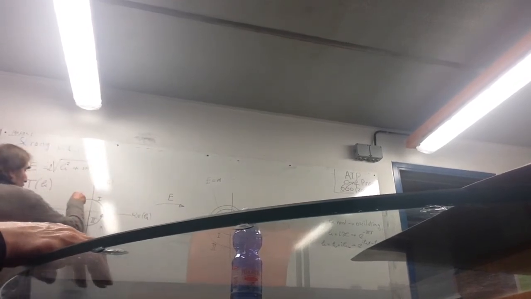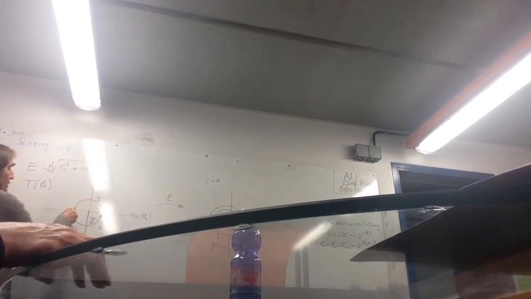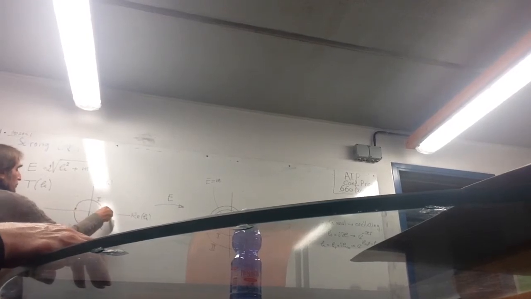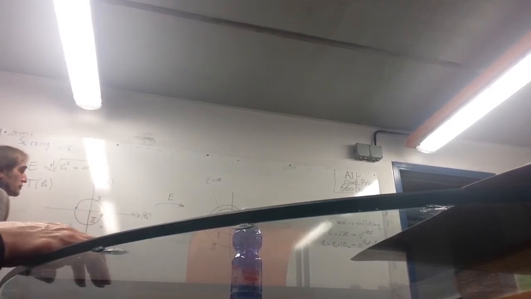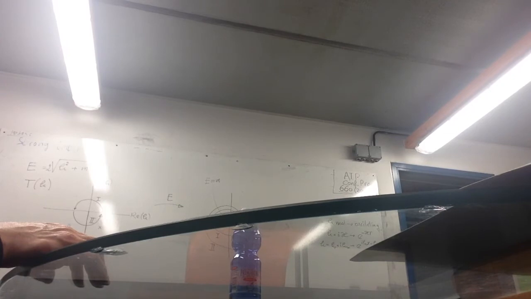But I thought the definition was this. But if I square this, that point comes here. Yes, it does. But you should go the other way around. You start from energy and you go to the K. No, but the sheets are defined in momentum. That's why you should take the square root.